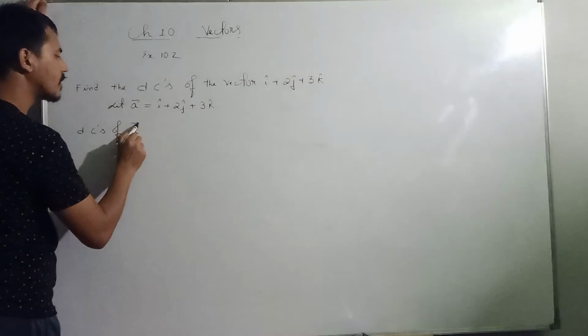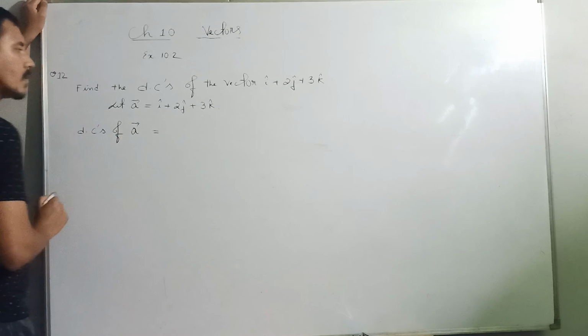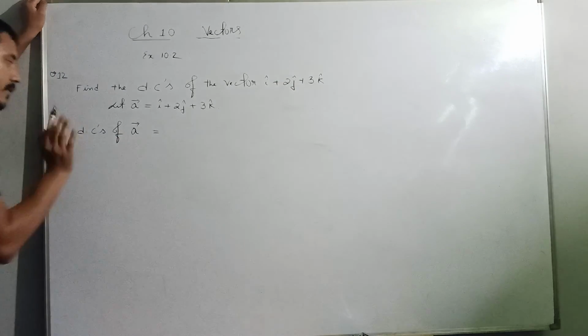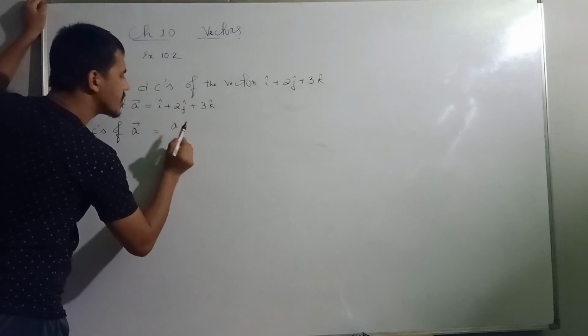Yes. So the direction cosines of the given vector. Let A be your given vector i cap plus 2j cap plus 3k cap. So the direction cosine of this vector A will be given by vector A divided by its magnitude.